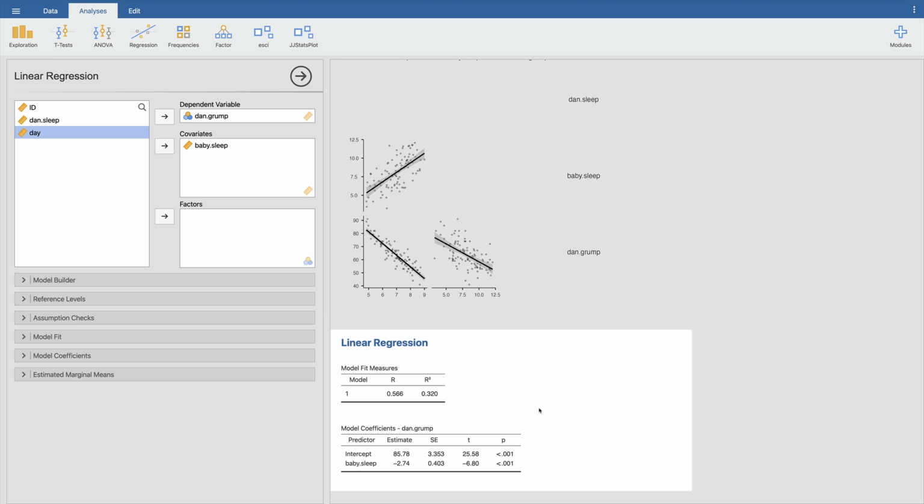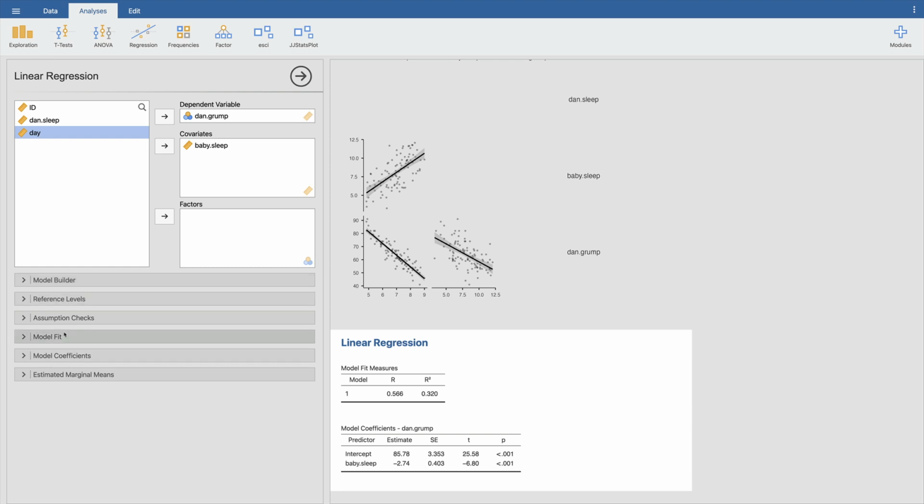The estimate, minus 2.74. So I now have the formula for the line to make a prediction about Dan's grumpiness from baby sleep. This one represents the regression coefficient, this one represents the y-intercept. Basically, it gave me the best line that it could based on the information that I gave it.